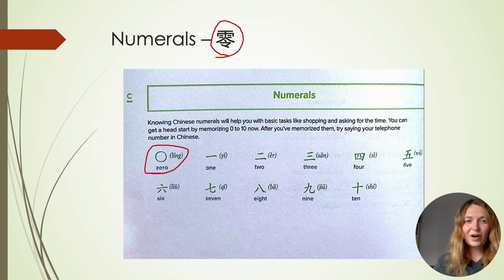So, 1, 2, 3, 4, 5. That's the same as in English. Some people in China will count like this. But anyway, 1, 2, 3, 4, 5.